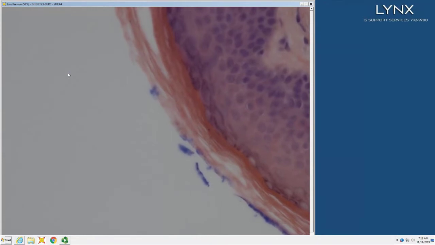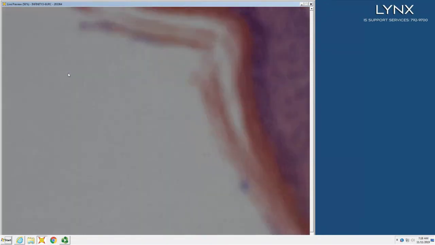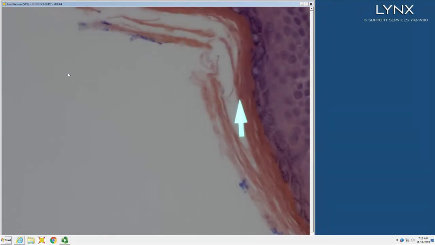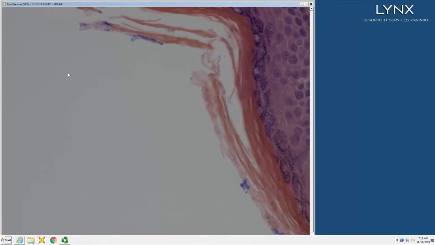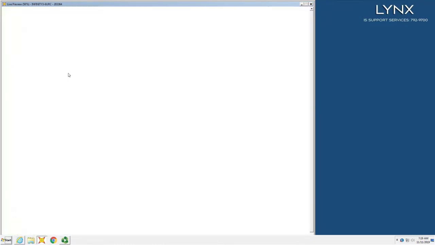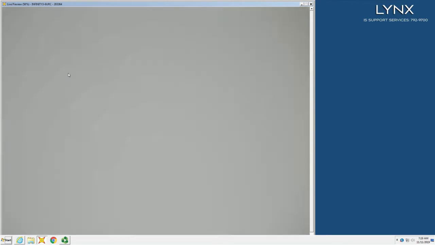Let's see if we've got amphiphilic organisms there in the cornea. Okay, very good. Let's move right along.